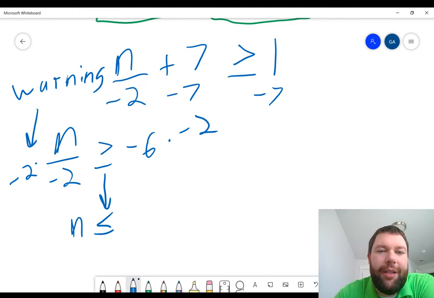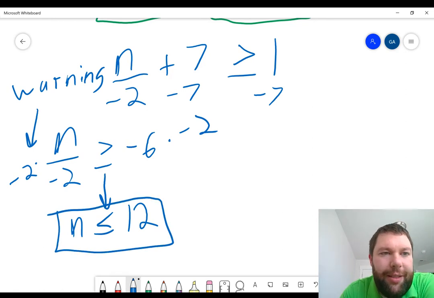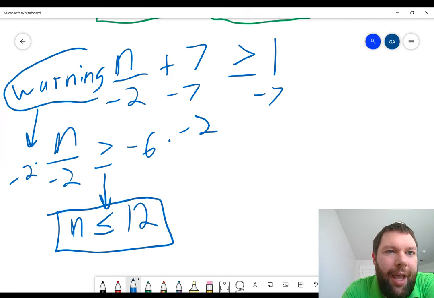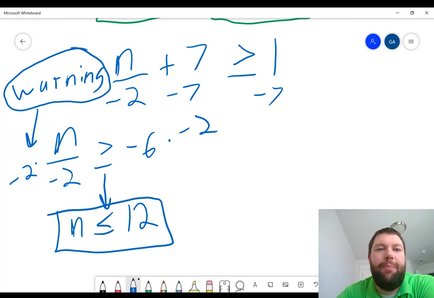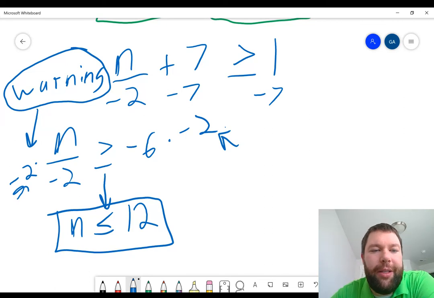And -6 times -2 is a positive 12. So that would be my answer this time. Again, this happens anytime you are multiplying or dividing by a negative number on each side. It has to go to each side in order for it to flip the inequality sign.